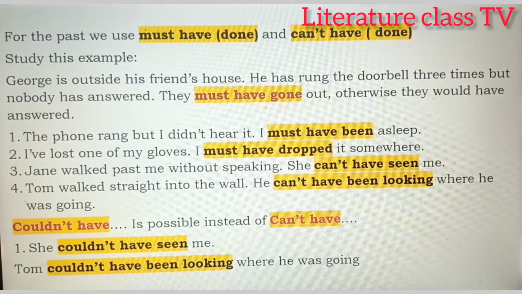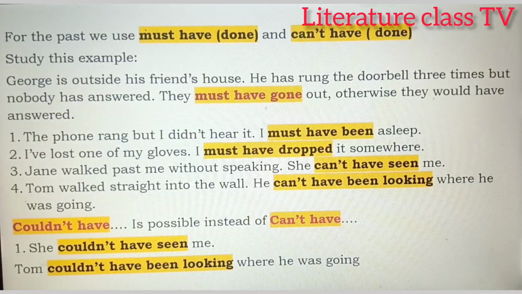We are seeing the use of must have done and can't have done for the past. Jane walked past me without speaking. She can't have seen me. Example number 4. Tom walked straight into the wall.